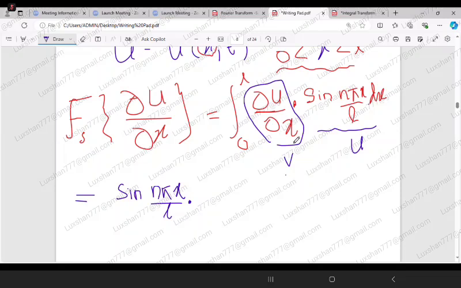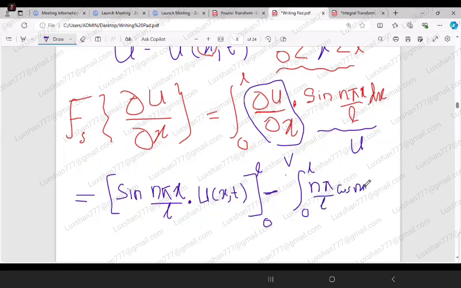What is the integration of this with respect to x? That is nothing but u(x,t), and I have to substitute 0 to L. Then the differentiation of this function is nπ/L cos(nπx/L), into the integration, which is u dx.